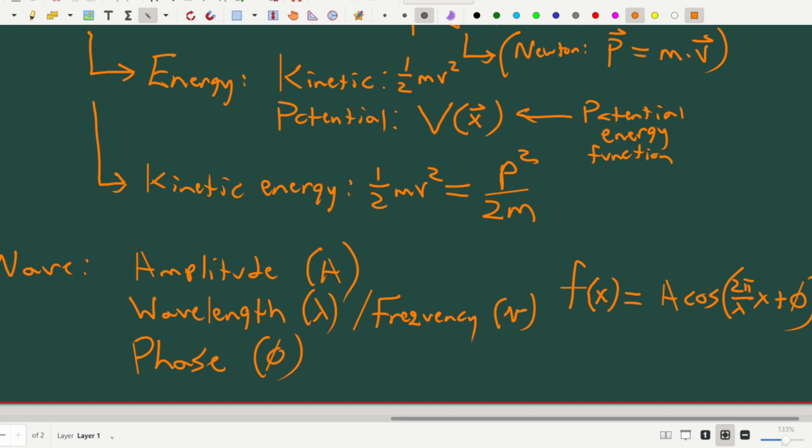And one of the big discoveries of quantum mechanics is that microscopic objects, mechanical objects, like electrons or atoms, you can view them in either view. You can look at them as if they're waves, or you can look at them as if they're particles, depending on your experiment. They show both properties. We'll see this over and over again in this class, but I just want to introduce this to you here.